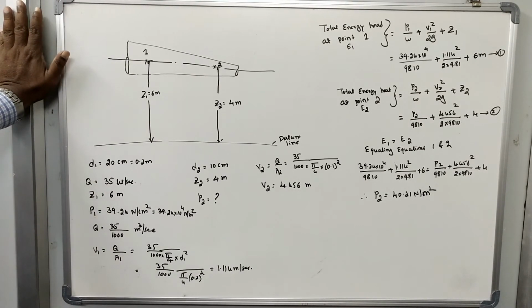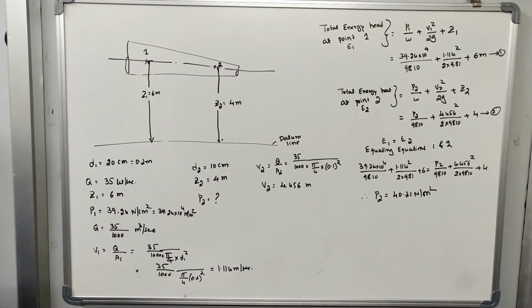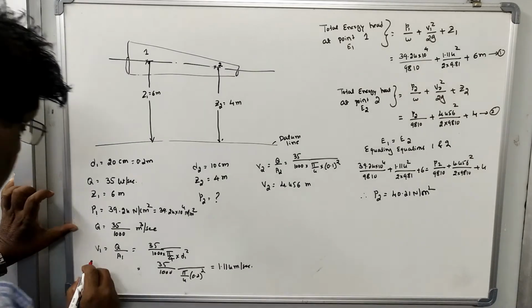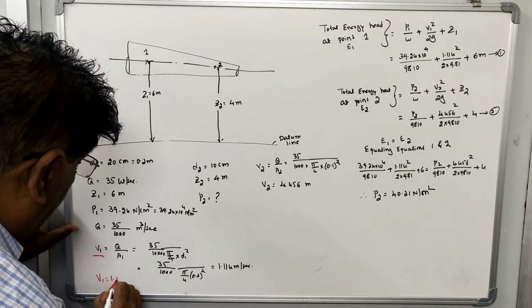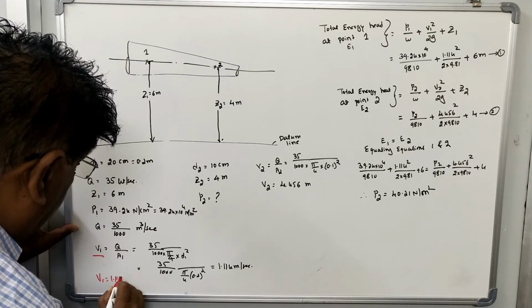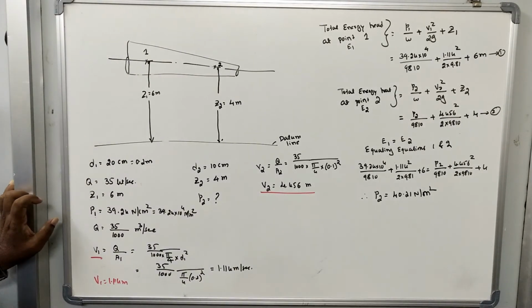See, in this problem, you have to observe one important observation, that see the velocity values. So V1 is equal to 1.114 meter and V2 is 4.456 meter.